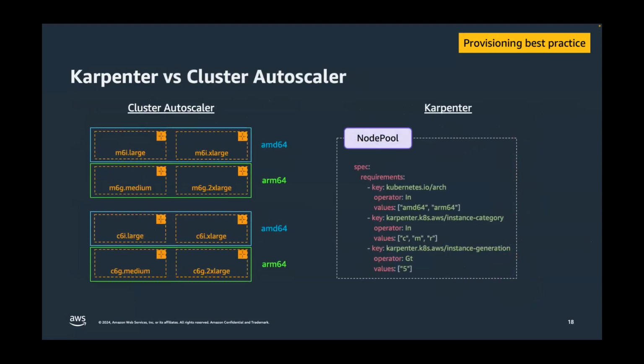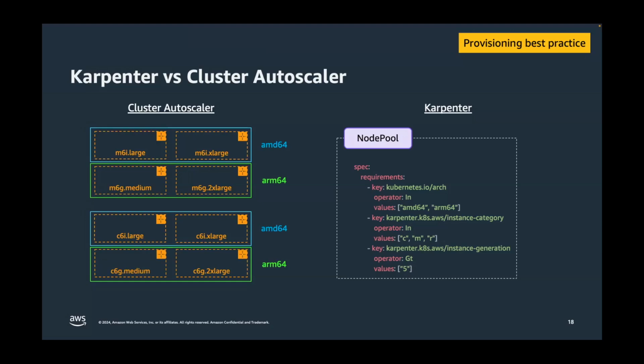So why do I want to introduce Karpenter to you, right? This is because it supports ARM quite well. So you can see that in the Karpenter configuration, with just this set of configuration, which is called a node pool, I am provisioning both x86 and ARM64 for C, M, R instances of instance generation greater than 5, right?